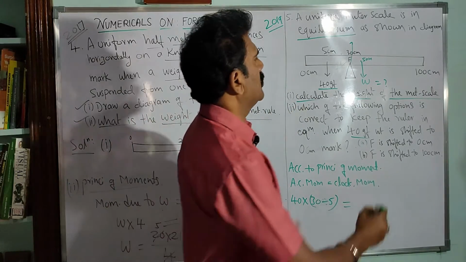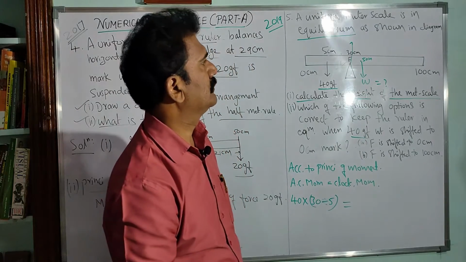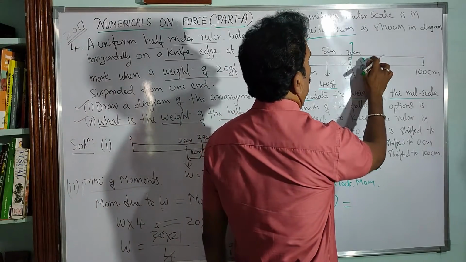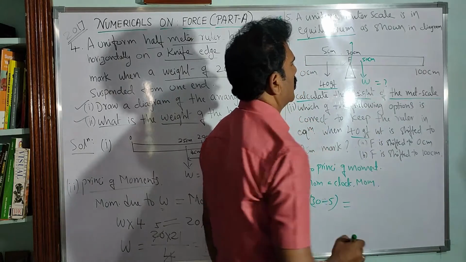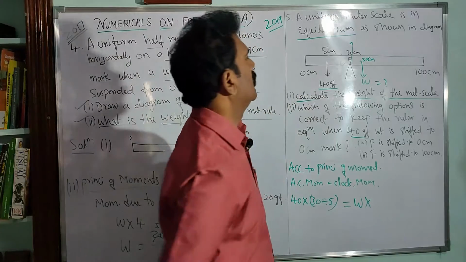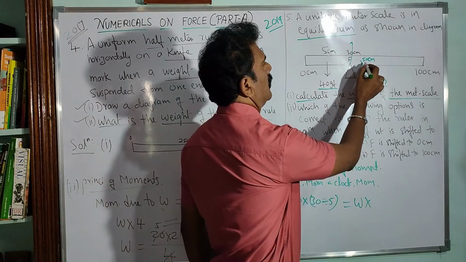The clockwise moment is given by the weight of the beam itself. The weight of the beam is at the 50 centimeter marking, isn't it? So the force is W into the perpendicular distance between the pivot point and this force.